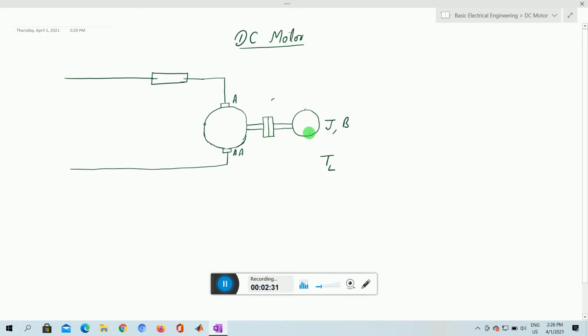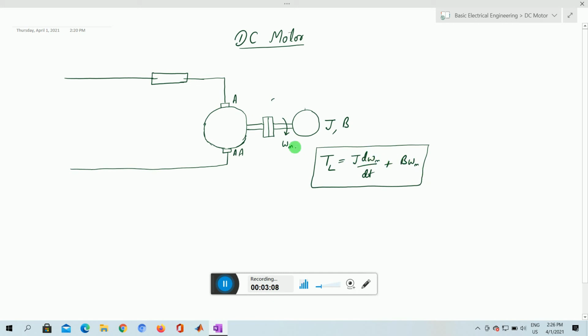TL is the load torque, which is equal to J d omega by dt, where omega is the speed at which it is revolving. So if this is revolving at omega m, we can write TL equals J d omega by dt plus B times omega m, where TL is the load torque, J is the moment of inertia, and B is the frictional coefficient.